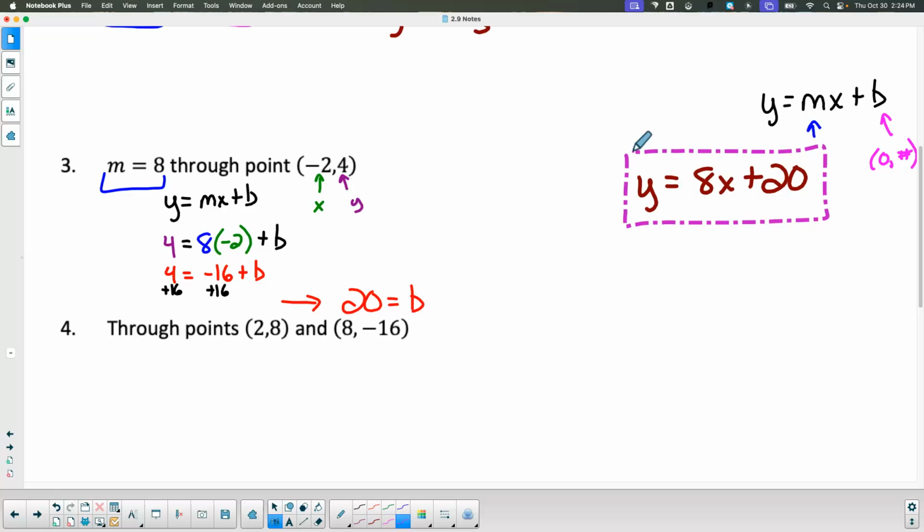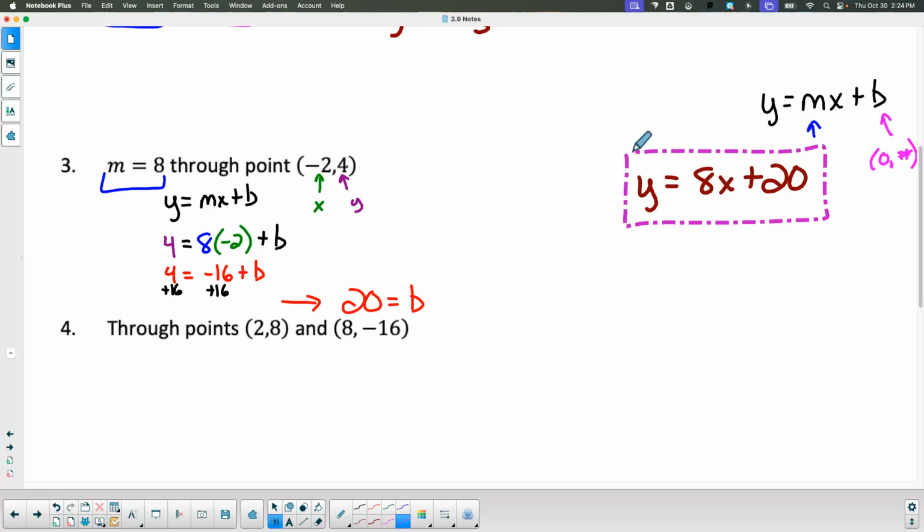Okay, what do I do with those? You put them on a fraction, and then you subtract. Is x on top or on the bottom? So subtract the y's over subtract the x's.